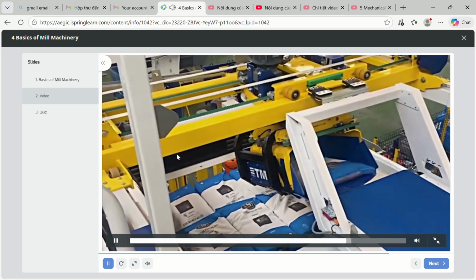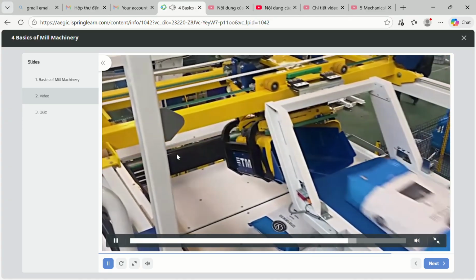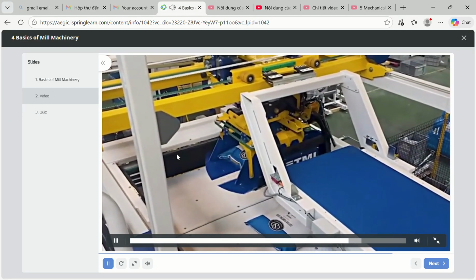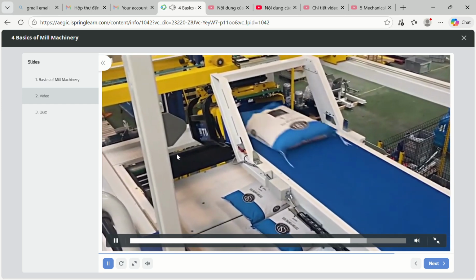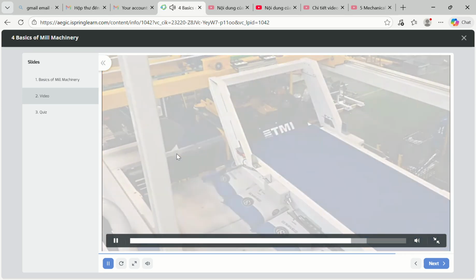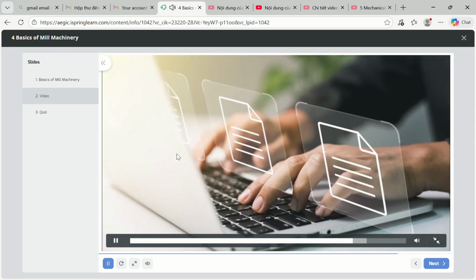Never attempt to reprogram a machine without first obtaining permission from operators who understand the machine and the implications of any changes. A mill should have a change tracking system in place to approve and document all changes.